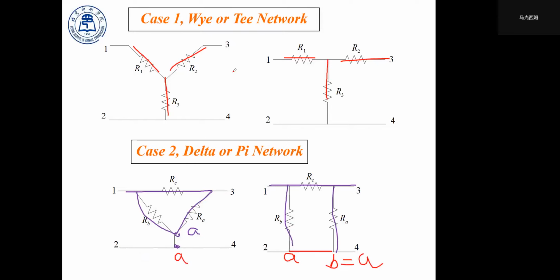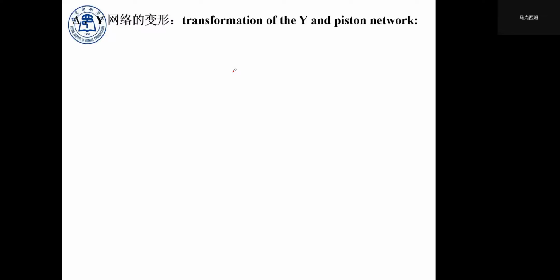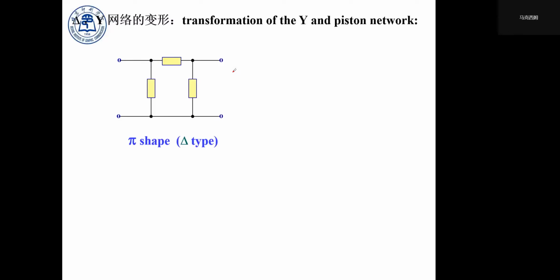But we're still using our method to analyze it step by step. So first we're going to talk about the transformation of the Y or pi-shaped network.